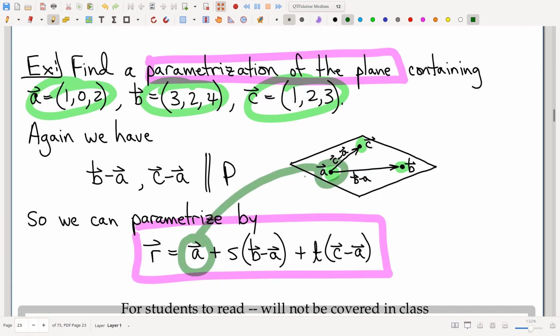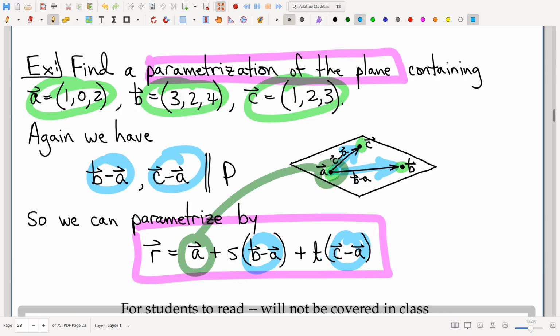I'll pick A. And then I need to have some vectors that are parallel to the plane. Well, these vectors here will do nicely. Again, those are the pairwise subtractions. Those are my direction vectors, of which I'll be taking those scalar multiples. So just plug it into the formula that we just talked about, and there's your parameterization. Everybody good?